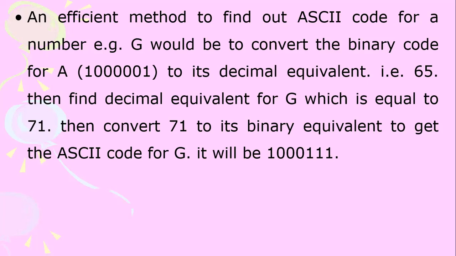If, for example, you want to get the binary equivalent in ASCII for character G, and you know A is 65, just count from 65 to G. 65 equals A, 66 to B, 67 to C, 68 to D, 69 to E, 70 to F, 71 to G. Then convert that 71 to its binary equivalent, and you'll be able to get the ASCII code for G, which in this case will be 1000111.